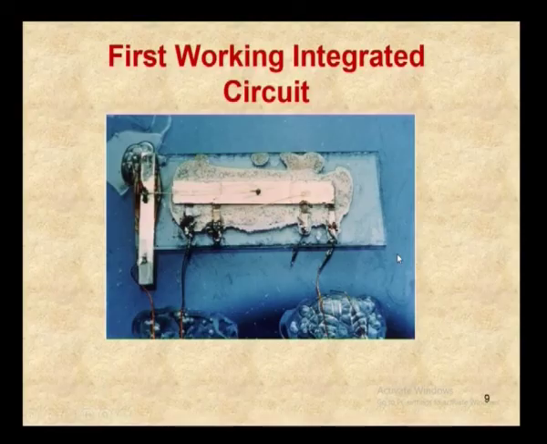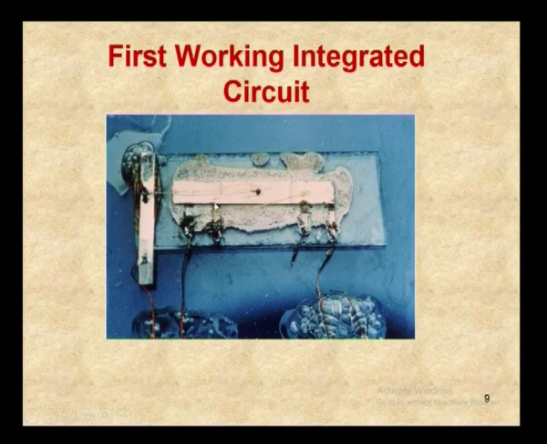Later on, as the technology advanced, the size of the transistor became smaller and smaller. They were able to make a number of transistors on a single silicon, and Jack Kilby made about 10 or 12 transistors on a single silicon crystal, what you see here, and he made the first integrated circuit.